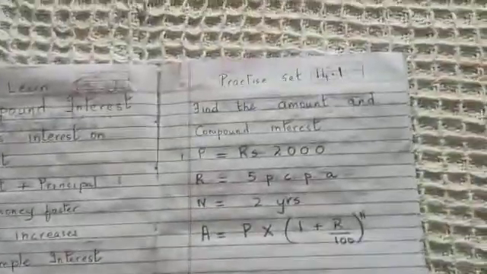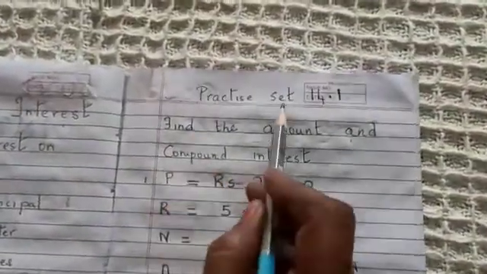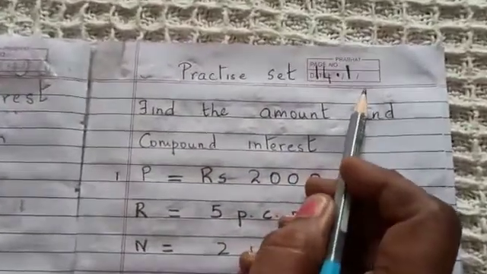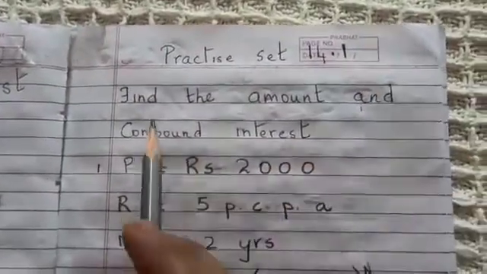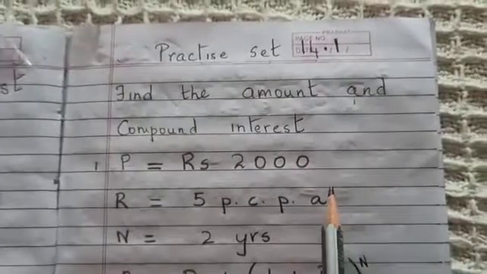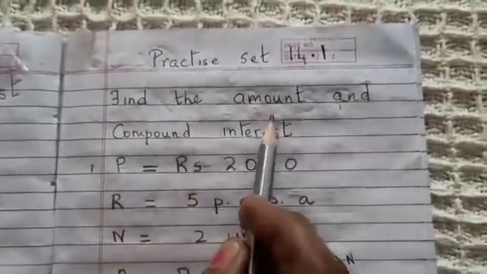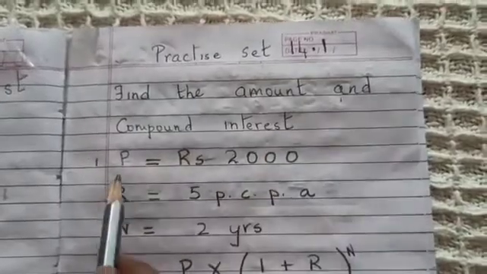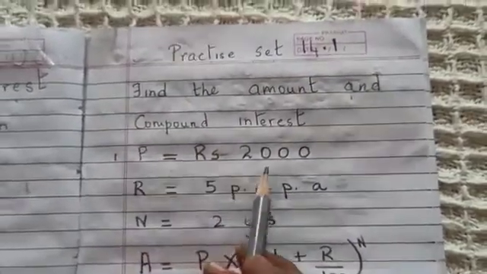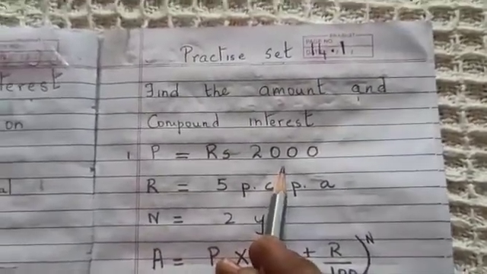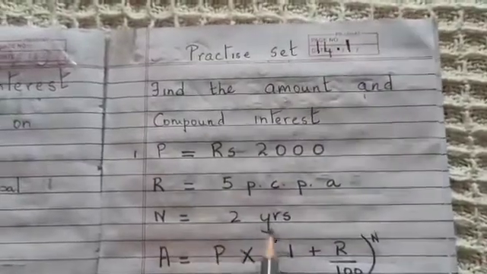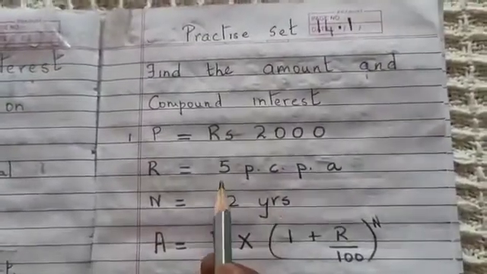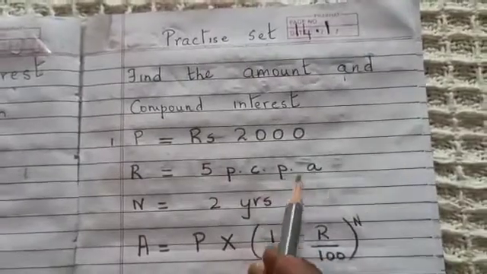We will now solve practice set 14.1. The first sum, find the amount and compound interest on a principal of rupees 2,000 for 2 years at the rate of 5% per annum.